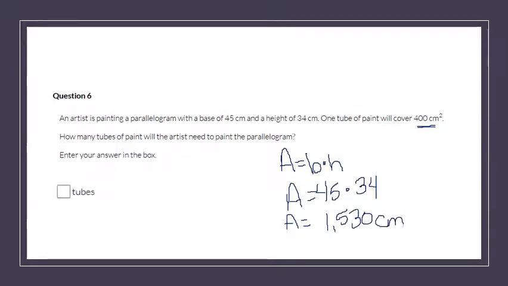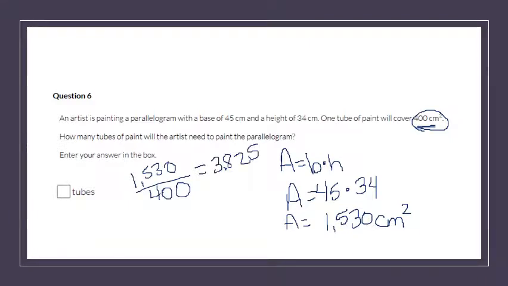and I get the area of the parallelogram is 1,530 centimeters squared. And if I know that each tube covers 400, I'm going to take that 1,530 centimeters squared and divide it by the 400 I know that each tube will cover. And when I do that, I get 3.825.